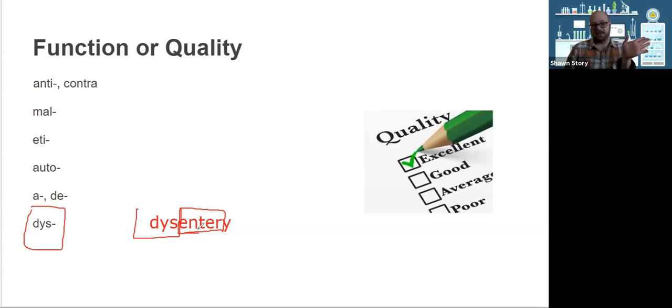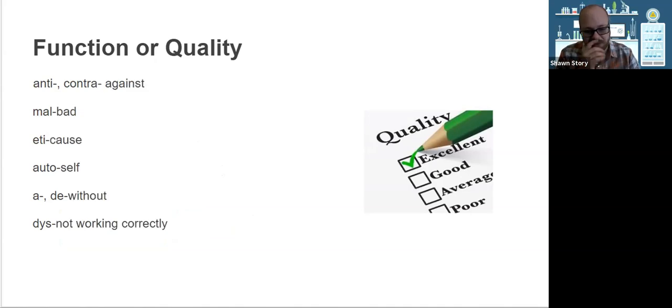Diarrhea is like stage 1. Dysentery is worse than diarrhea. It's the worst diarrhea you've ever had in your life, and the intestines start to stop working. You see dehydration. So again, hydration, dehydration. It's bad, and it's not working correctly.